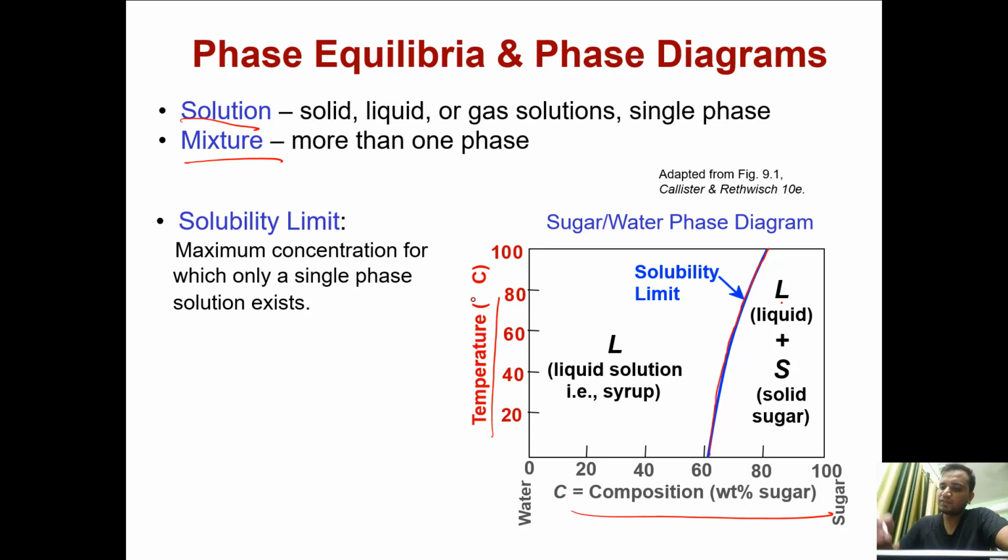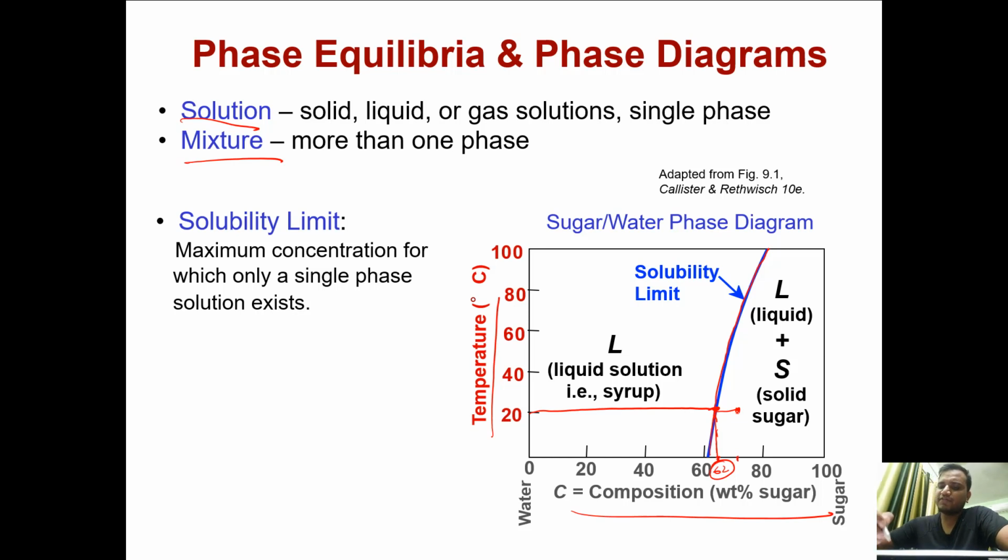See here, the solubility at, suppose, 20 degrees centigrade is somewhere around here. Suppose it is 62%, meaning out of 100 grams, 62 grams will be the sugar dissolved. Now suppose someone adds 70 grams, so the 62 will be soluble and the rest will be in the form of solid.